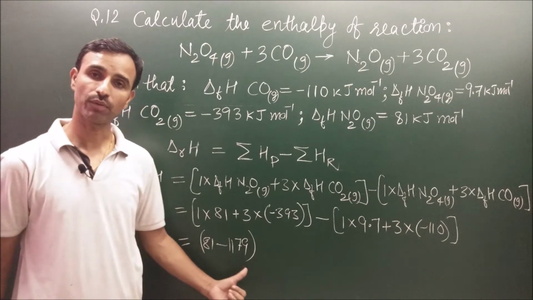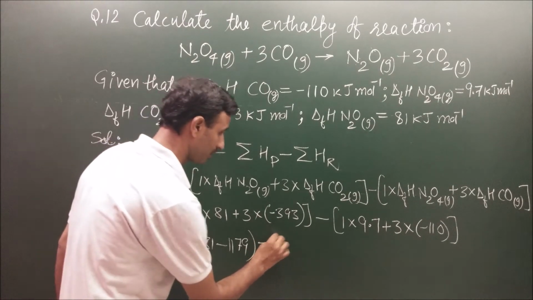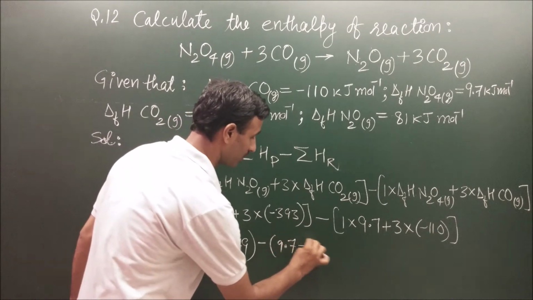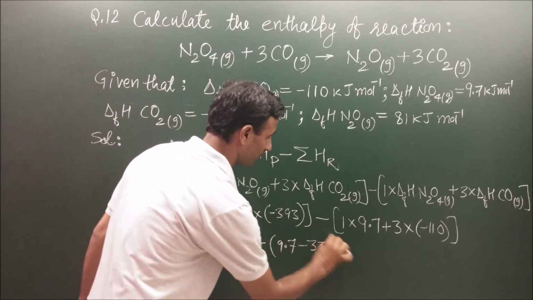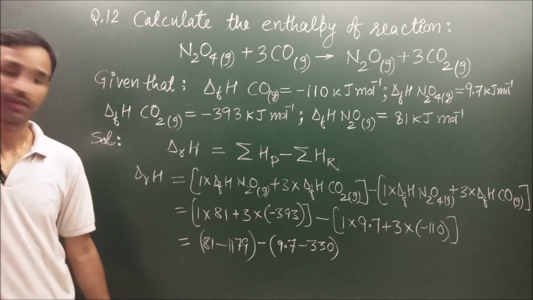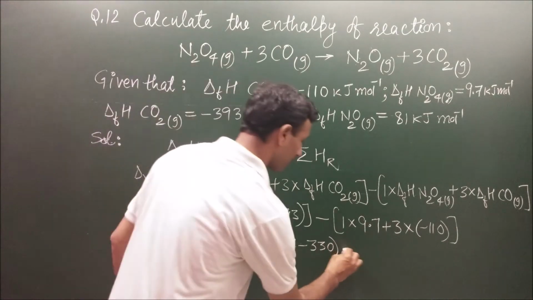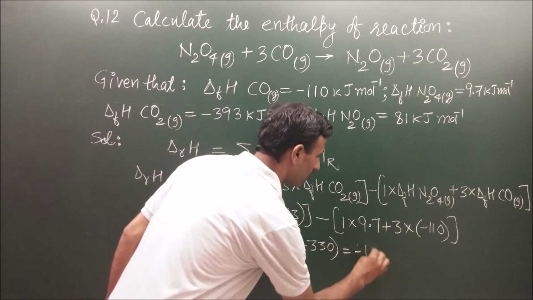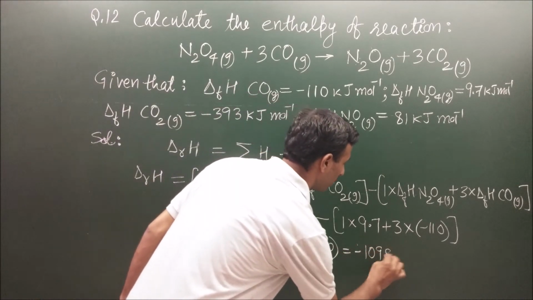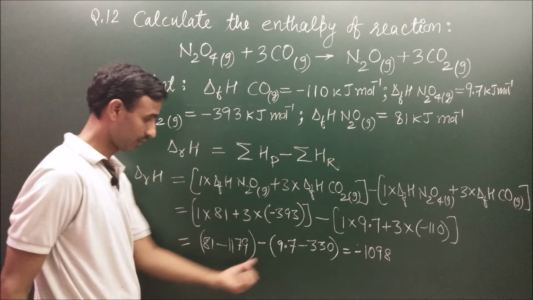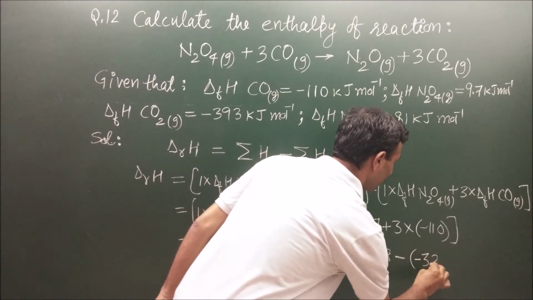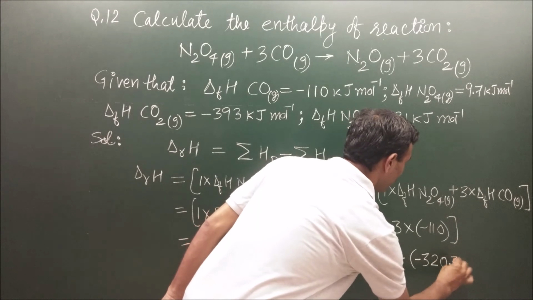81 minus 1179 minus 9.7 minus 330. So in this way, it comes up to be minus 1098 minus 3.3.